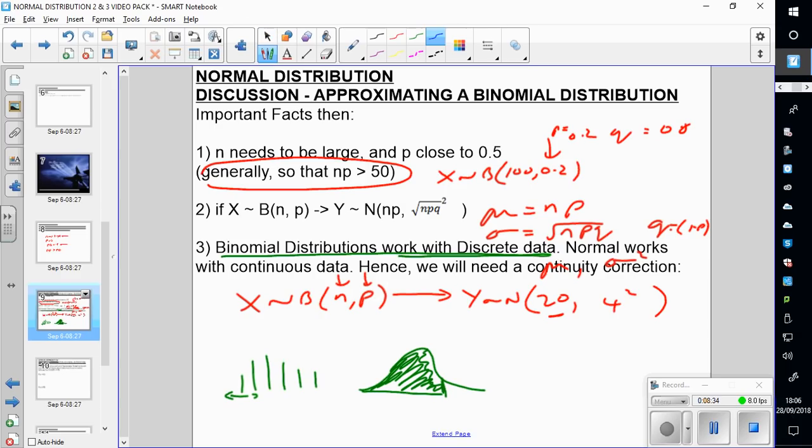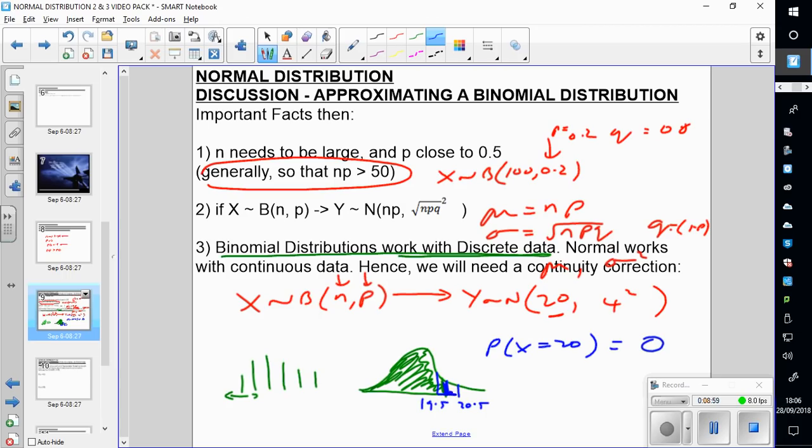But if I want to know the probability of, say, X equaling 20, in a normal distribution this would be 0, because 20 is just a line, and a line has no width. The area of a line is 0. So what we need to do is take the upper and lower bound of the number 20, so 19.5 and 20.5.